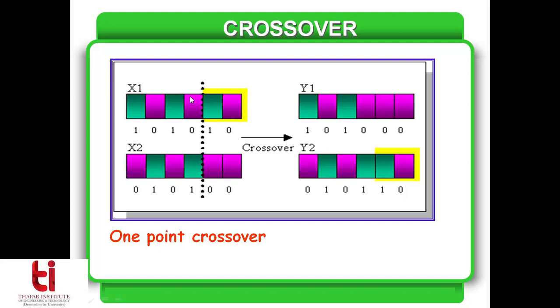From that particular point, I divide both the selected parents into two parts, and I swap the parts which are of the same order. If this point of selection is a uniform point, where my chromosome is equally divided, then I can have a crossover. Otherwise I have to swap the parts which are of equal length only.